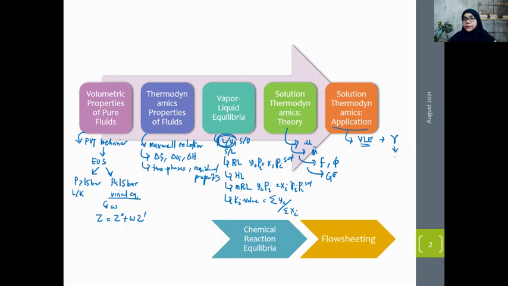And then next we expand to determine the excess Gibbs energy by using the modulus of the Van Laar equation. The next is the heat of mixing experiment, where we determine the change in properties such as the enthalpy and also the molar volume in the system. Next we will learn about chemical reaction equilibria and flowsheeting.